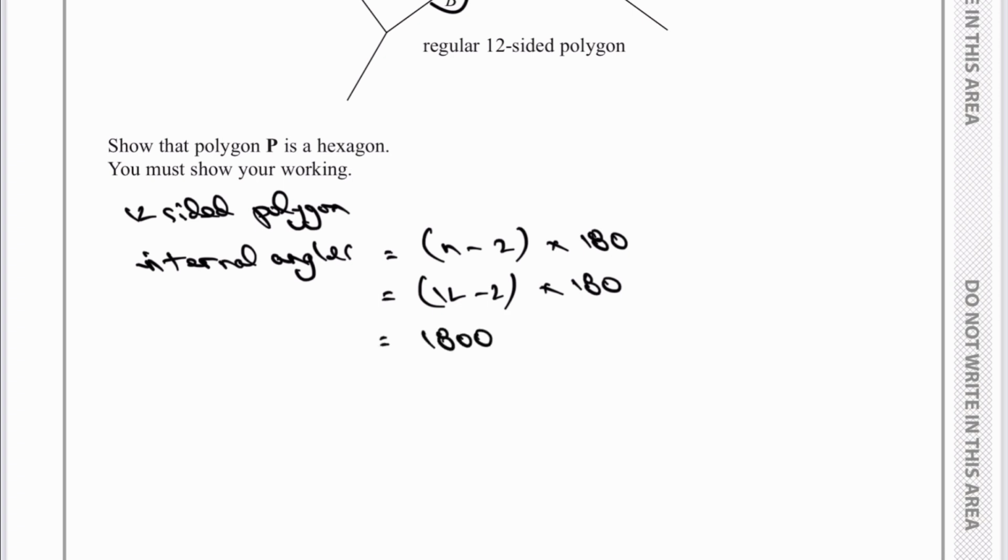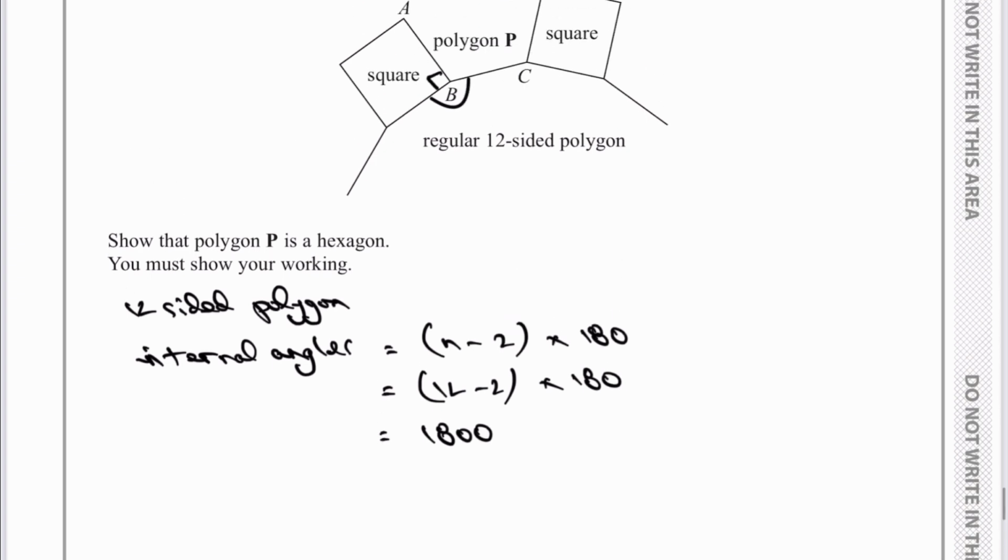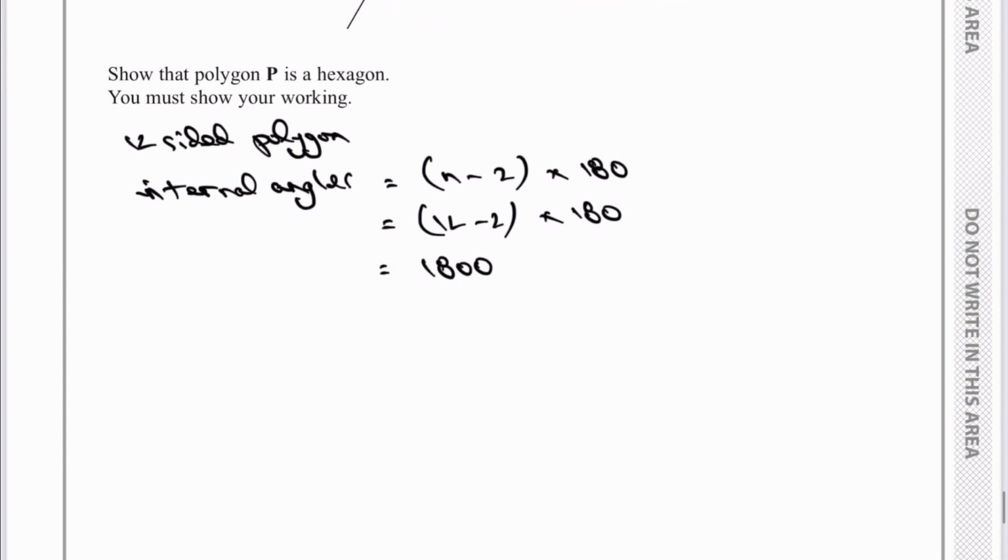So that's the sum total of all of the internal angles of the polygon. So what we're doing is adding not just B but also C and this one down here and this one, and all the rest of them. There's 12 of them all together, so they all add up to 1800. So therefore if we want to find the value of each one, we've got to divide by 12, and that's going to give us each one is going to be 150 degrees.